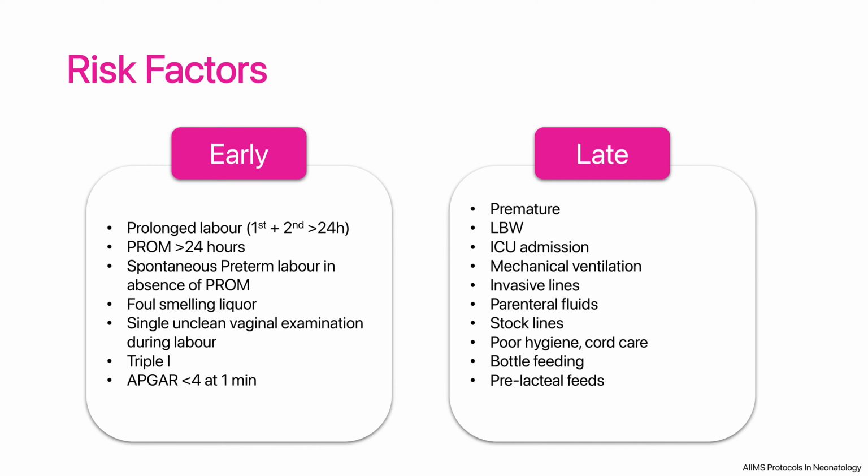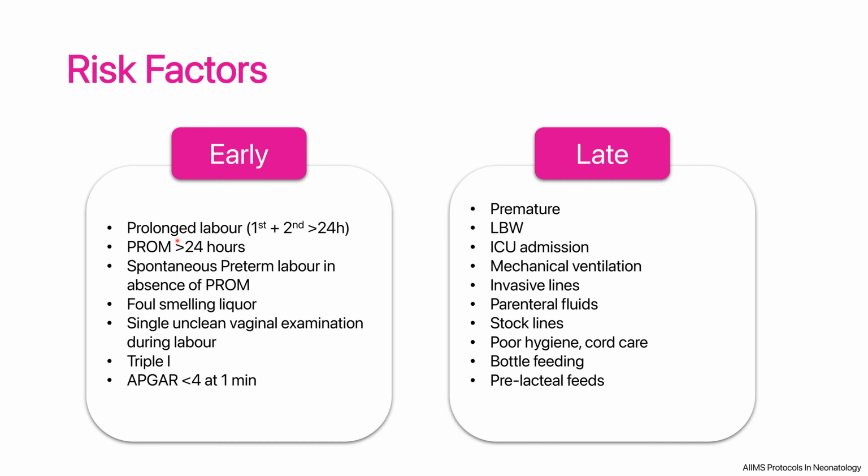So what are the risk factors? In the AIIMS protocols for neonatology, these are the risk factors given. As we learned, the organisms seen in early onset neonatal sepsis have been acquired from the maternal genital tract, so all the risk factors of early onset neonatal sepsis are related to the maternal genital tract.